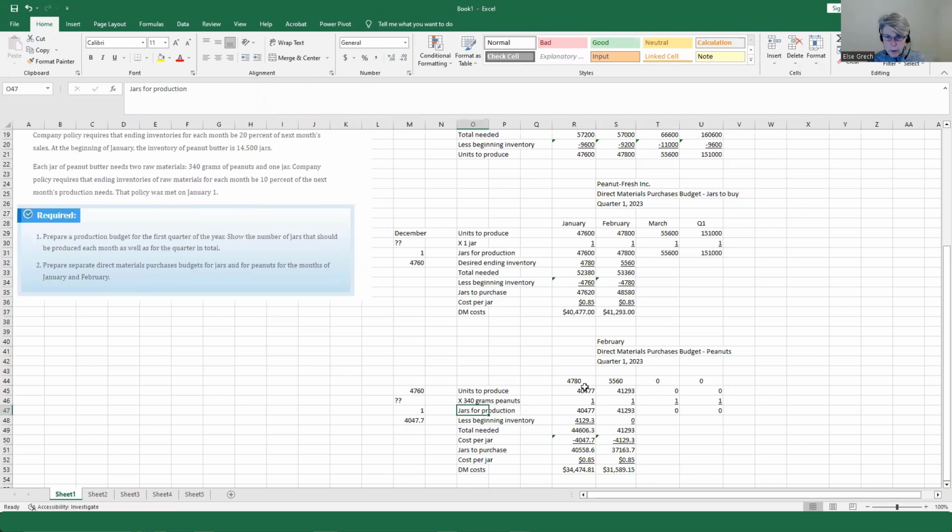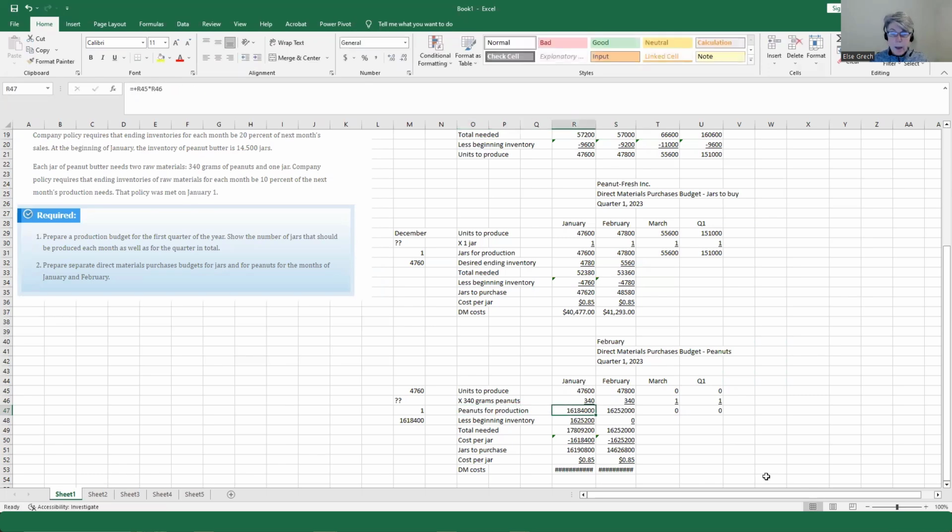It's not referencing the right cells, but I just want to use the same format. Now change this to 340 grams. This is now going to be peanuts for production.